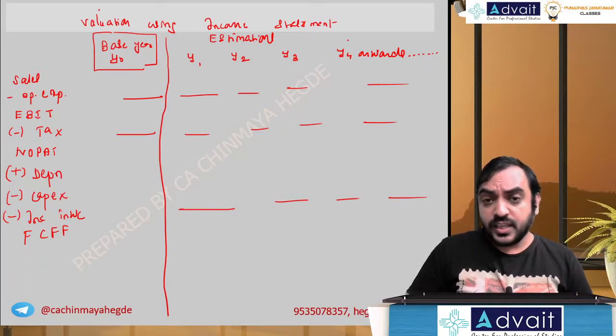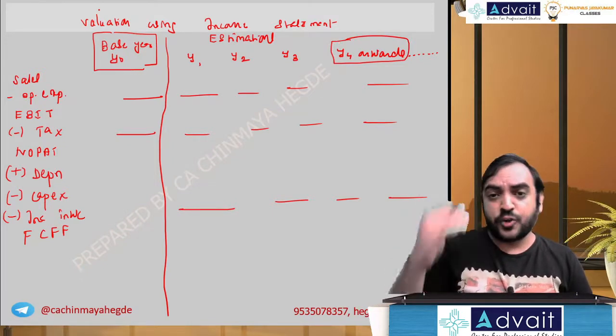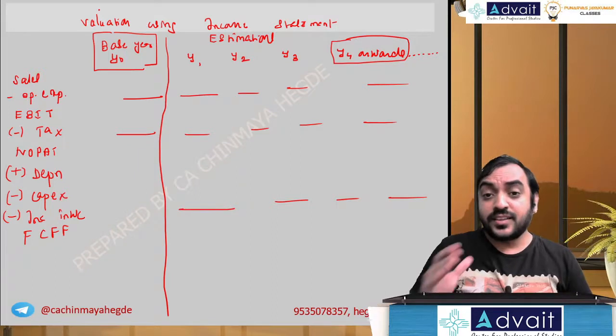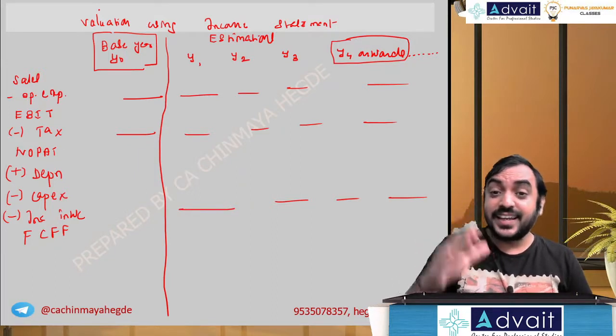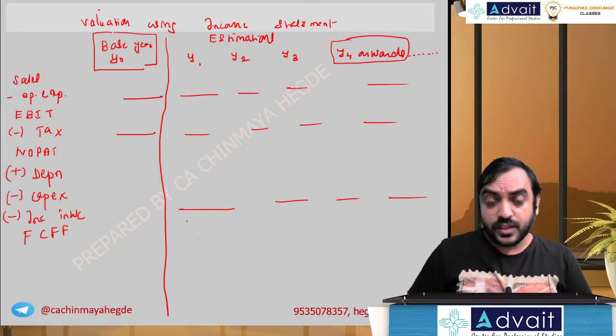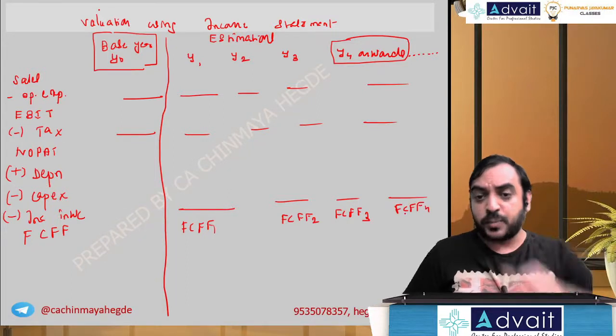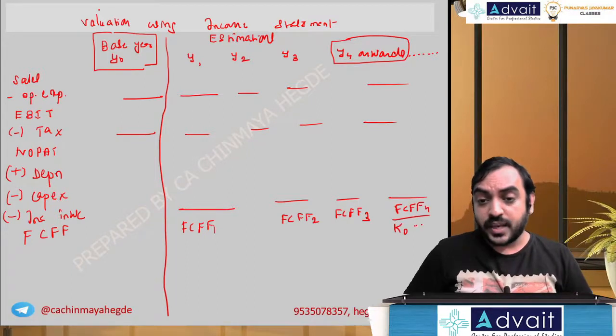Then you see year 4 onwards. What comes to your mind? Year 4 onwards, the growth rate is getting stabilized, so we apply the constant dividend growth model. So this is FCFF1, FCFF2, FCFF3, but FCFF4 onwards, FCFF3 into 1 plus g by Ko minus g.